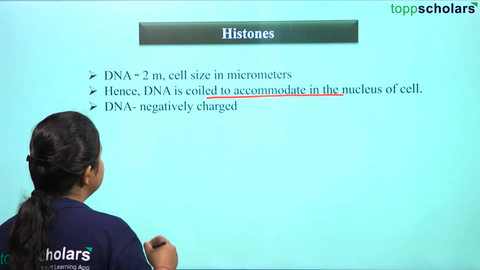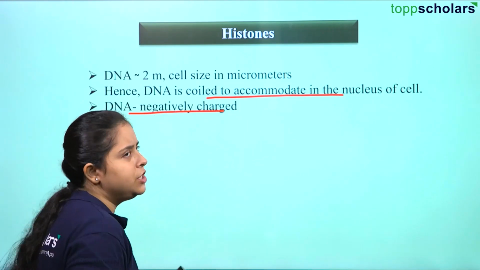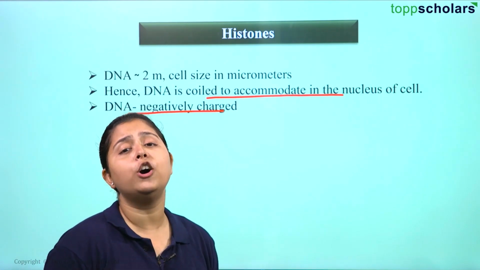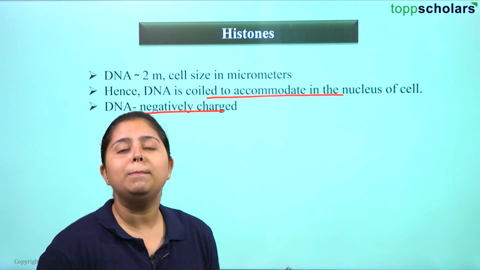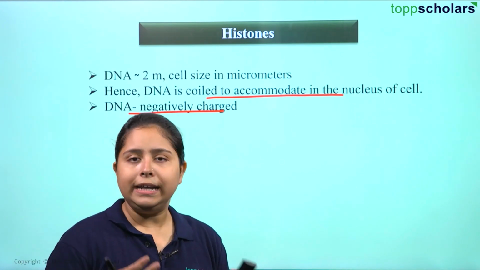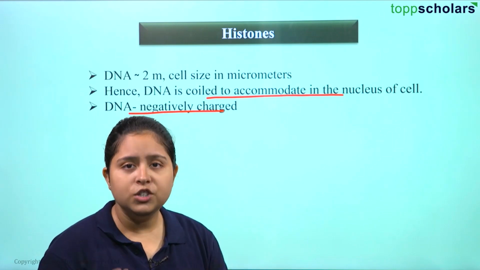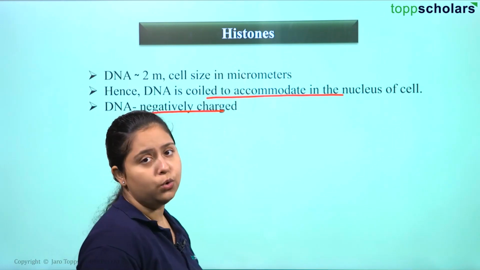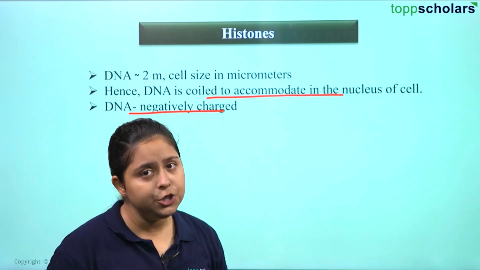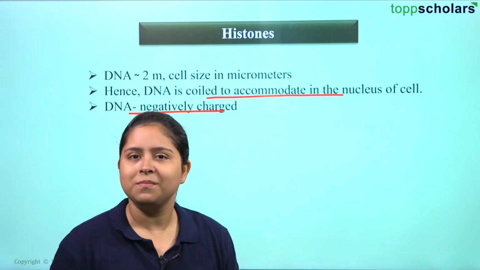What will happen? Basically, DNA is negatively charged. Why is DNA negatively charged? Yes, because it has phosphate groups which impart the negative charge to the DNA molecule. So, DNA is having negative charge and these histones, for attraction to that DNA, will need to have positive charge, right?